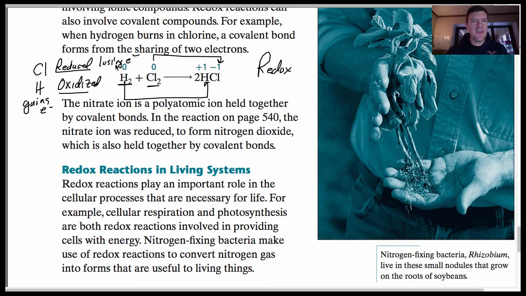Oops, I'm sorry. I made a mistake there. It is the chlorine that is gaining. I'm sorry, my fault. I apologize there. The chlorine is gaining. Its number is going more negative, so it's going to gain negative electrons. The hydrogen is oxidized.